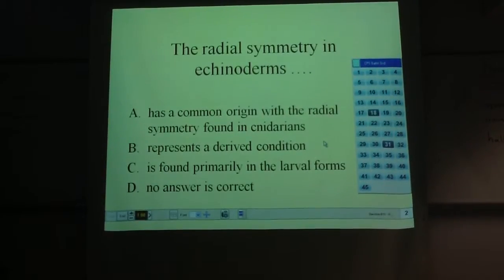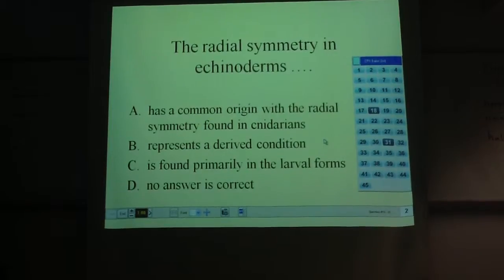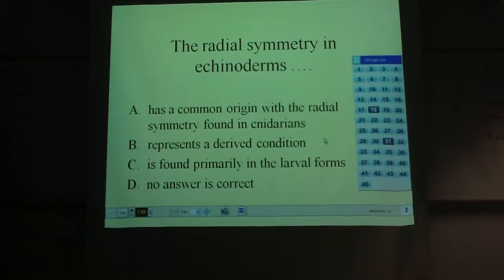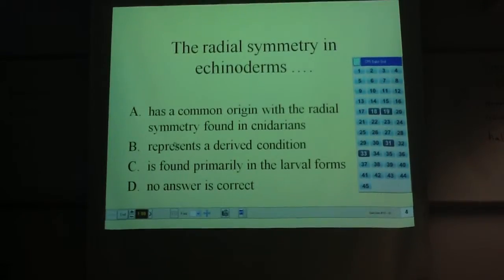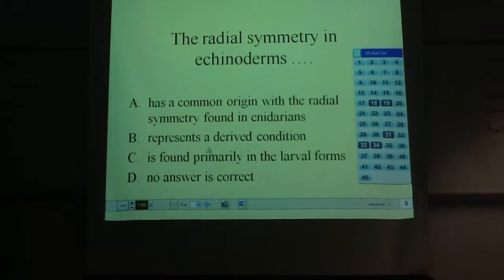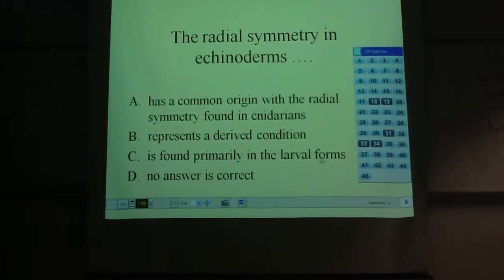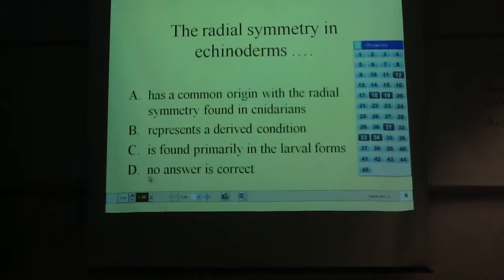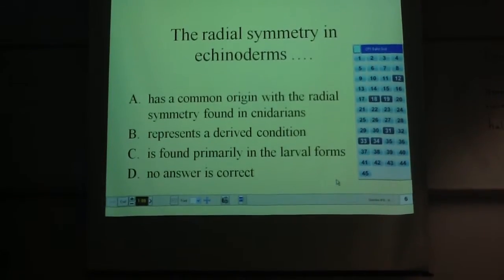So is the radial symmetry that you find in echinoderms a common origin with the radial symmetry that you find in cnidarians? Or does the radial symmetry in echinoderms represent a derived condition, in other words, something new for them? Or is it primarily found just in the larval forms of echinoderms? Or are none of those correct?